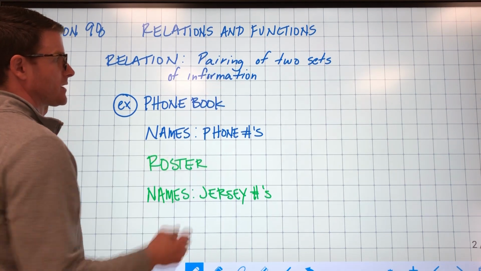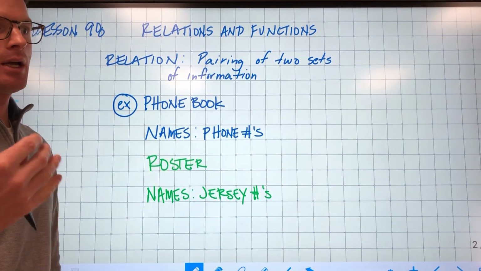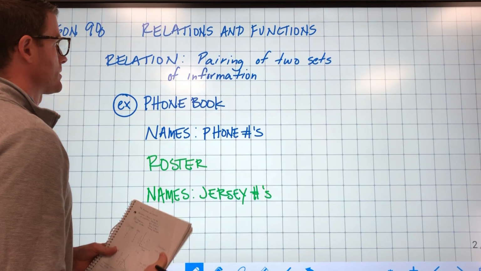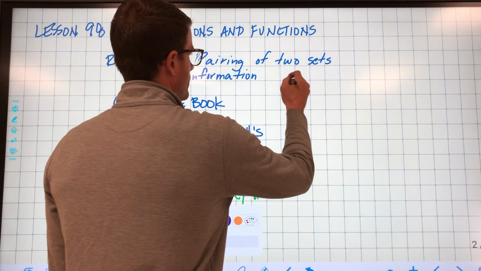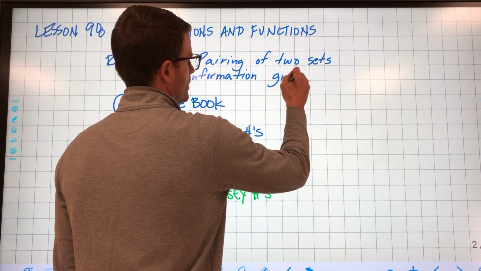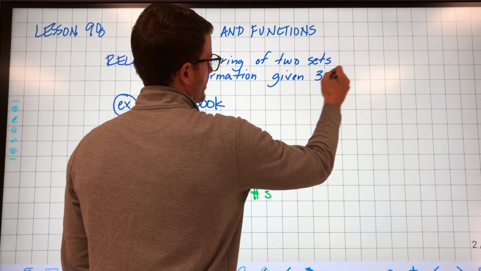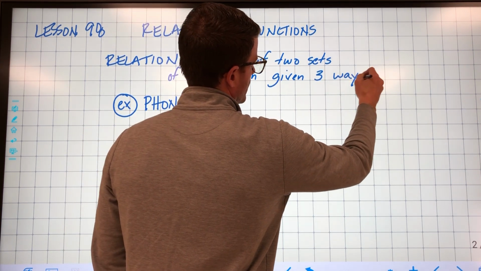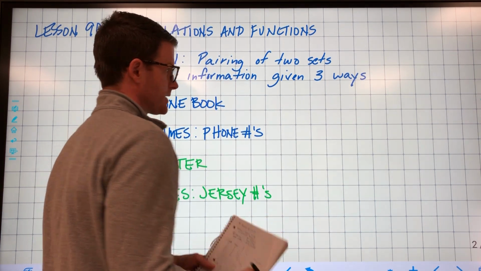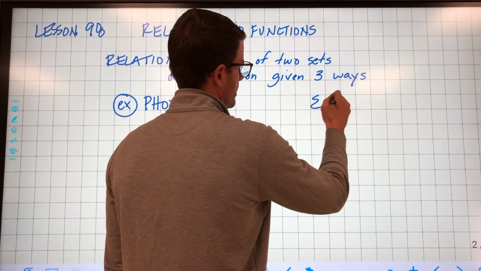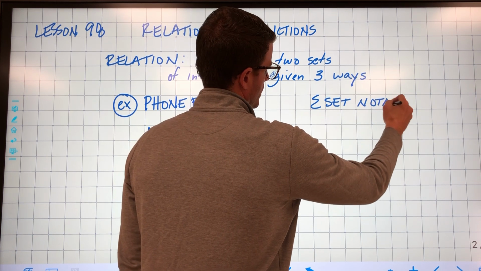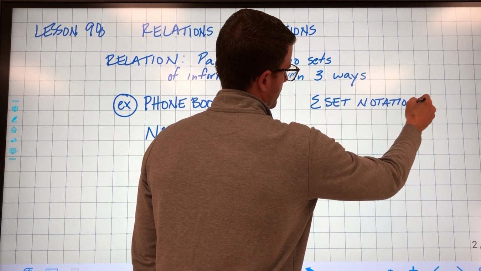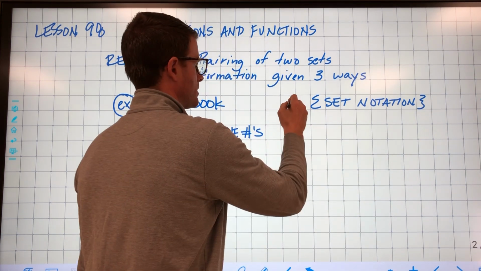The pairing of two sets of information is going to be given to us in three ways. The first way is in set notation, so we can be given a pair in set notation.